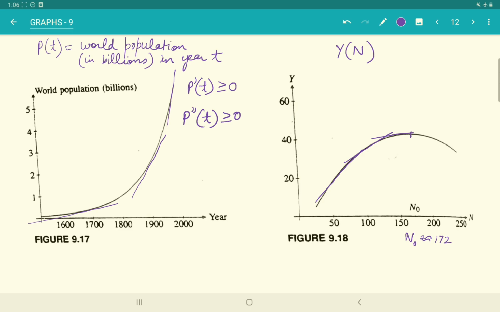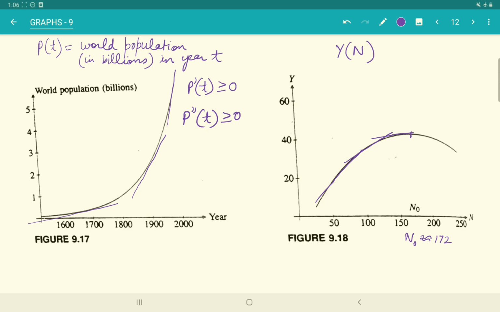In other words, the larger n is, the larger the number of pounds of fertilizer per acre used, the lesser is the increase in wheat production.